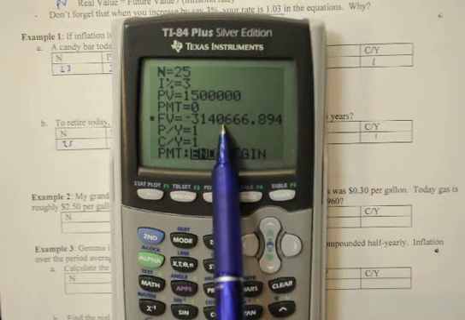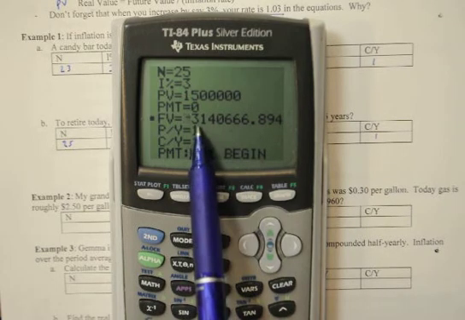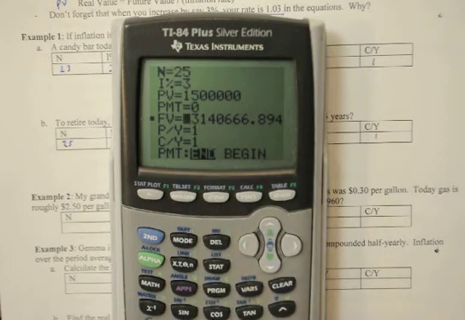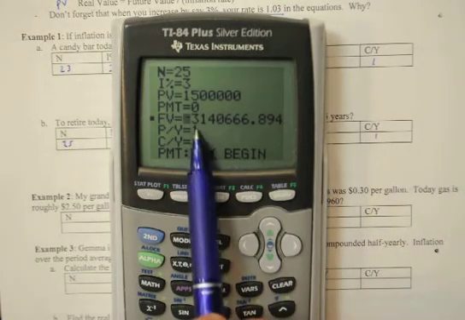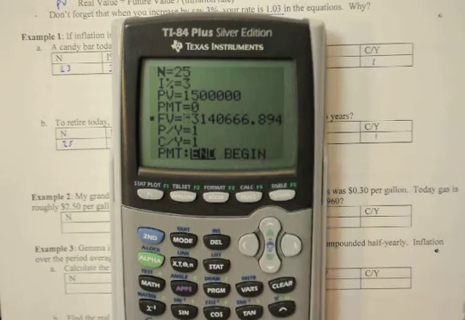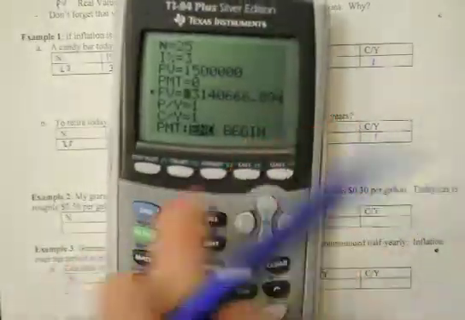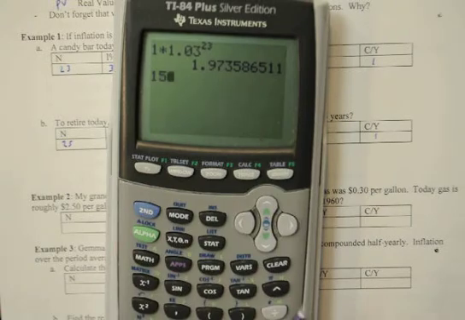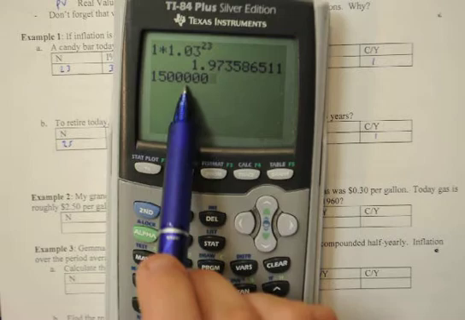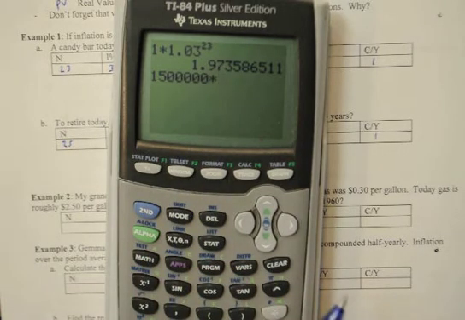So actually, I need to aim for a retirement of about, I'm never going to retire, 3.1 million. Oh man. Let's just run that real quick. 1.5 million times 1.03 to the 25th power.